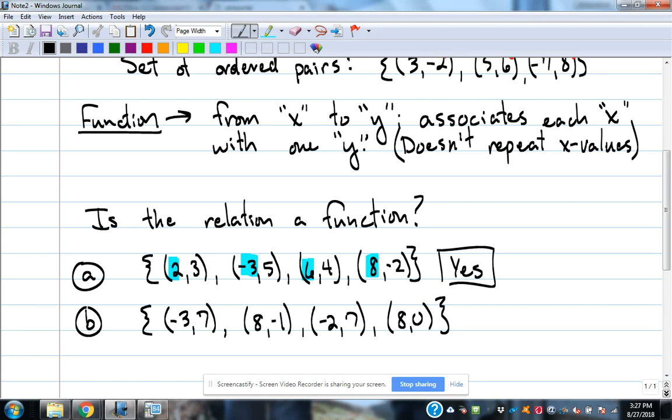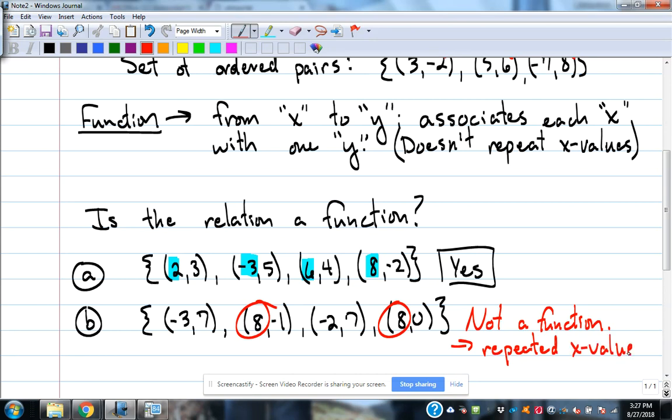Is there an x that repeats here? Yeah. Which one? The 8. So these 8's repeating here means that's not a function. And the reason would be repeated x value. So when we get a list of ordered pairs, we're just looking at the x values. If anybody repeats, then it's not a function.